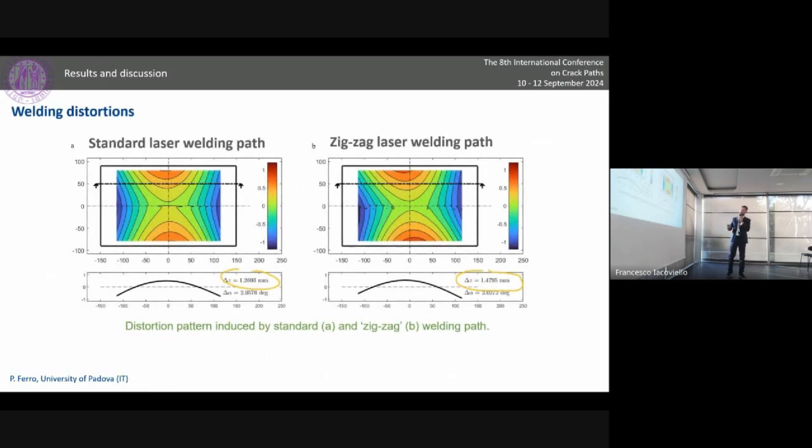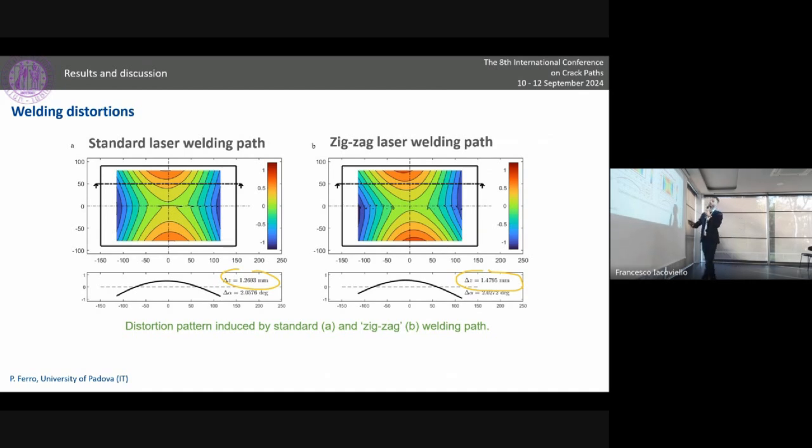About distortion, these two images show the distortion patterns obtained for the standard and zigzag laser welding path. The results are quite similar if you consider this figure.